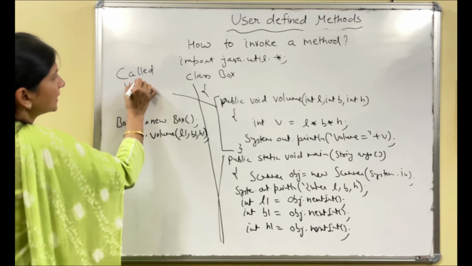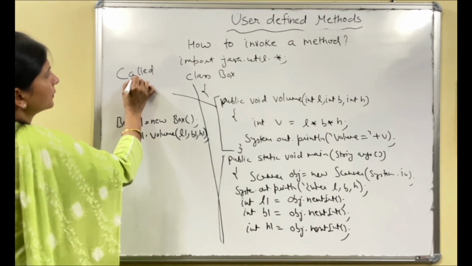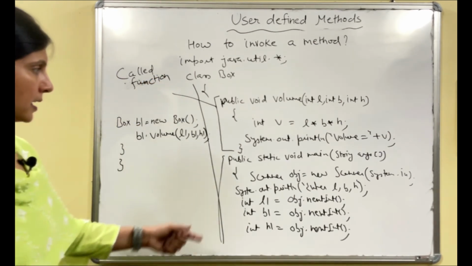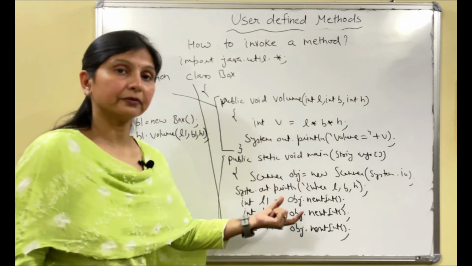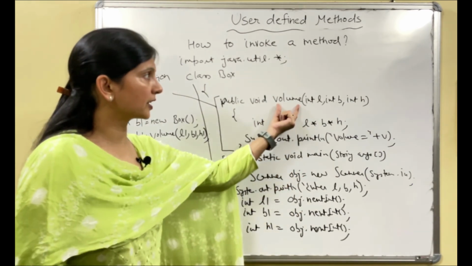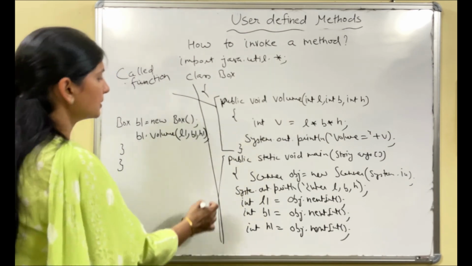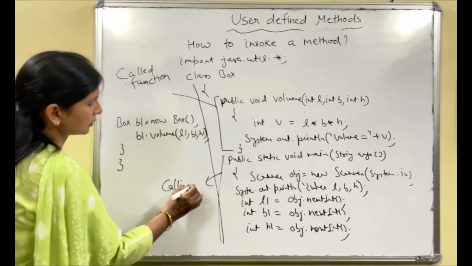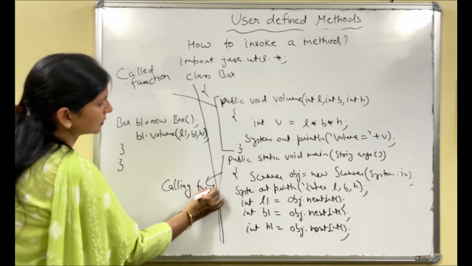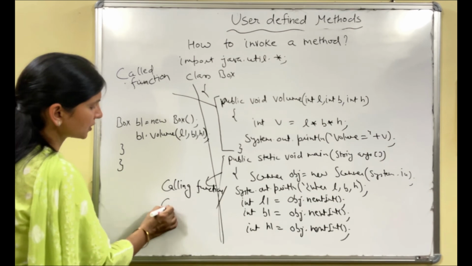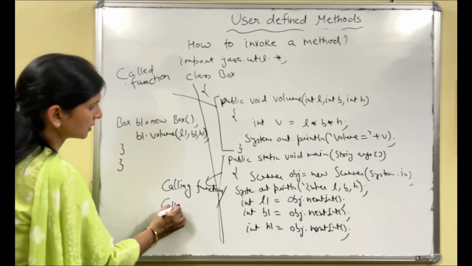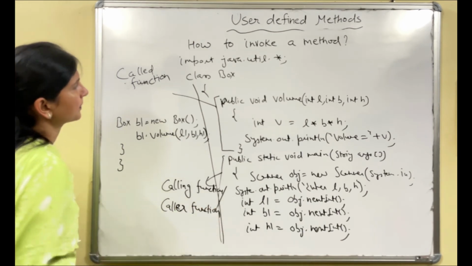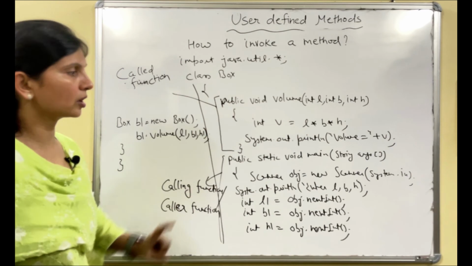And in the main function we are calling the function volume, so that's why we call the main function the calling function or caller function also. In a few books it is caller function and in others it is calling function. Both are the same. This is the called function, this is the calling function.